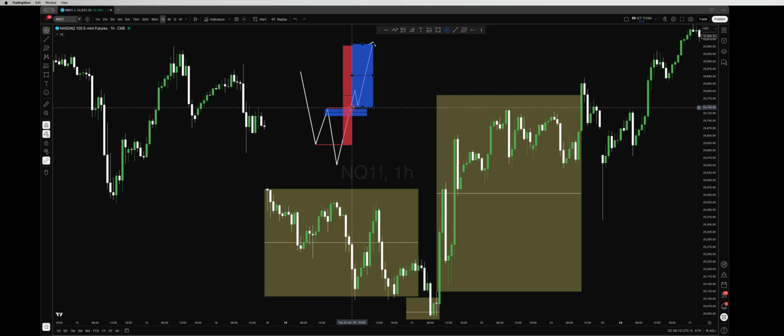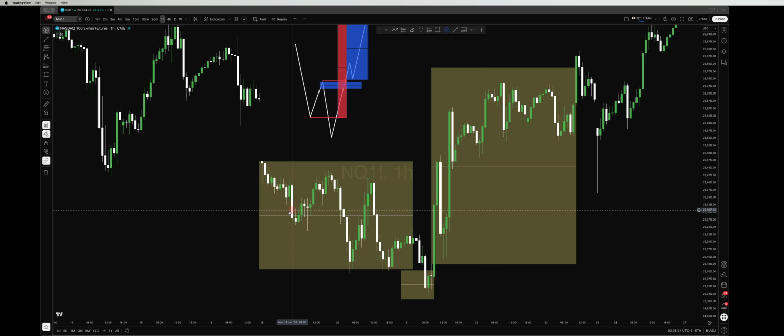We are anticipating price to go higher. So after the market structure shift, you are anticipating price for the buy side, not from here. Okay, so on this chart, what do you see? Accumulation, manipulation, and then distribution, right? But again, let's connect this and this. What do you have?